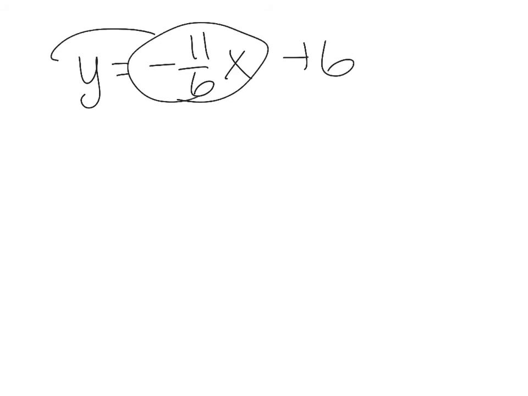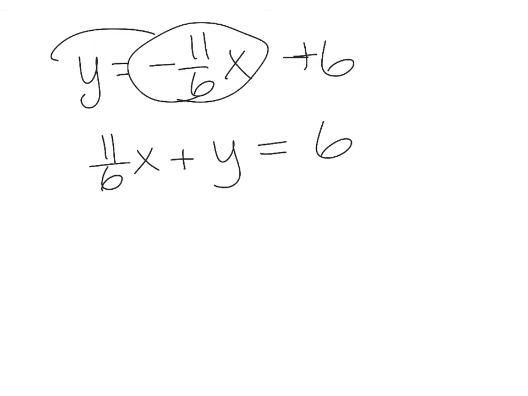Okay, so let's try another. Let's say that I've got y equals -11 over 6x plus 6. Step 1, move your x to the other side. It's negative on this side, so it's going to become positive on this side. Yay, that takes care of one step, doesn't it? And over here, I'm left with plus 6.